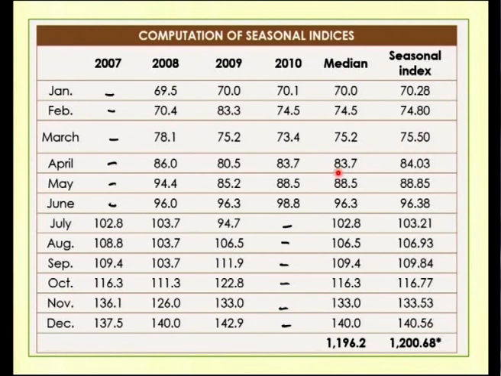Similarly, 83.7 adjusted with 1.003 gives 84.03. Likewise, the rest are calculated. When you take the total, it comes to 1200.68, which is nearly 1200 and acceptable. Therefore, for this problem, the seasonal index values range from 70.28 to 140.56.